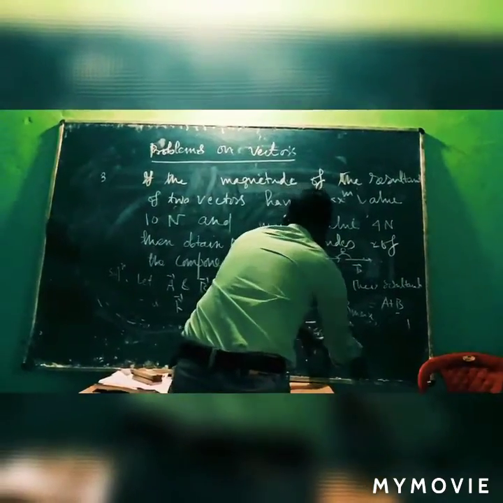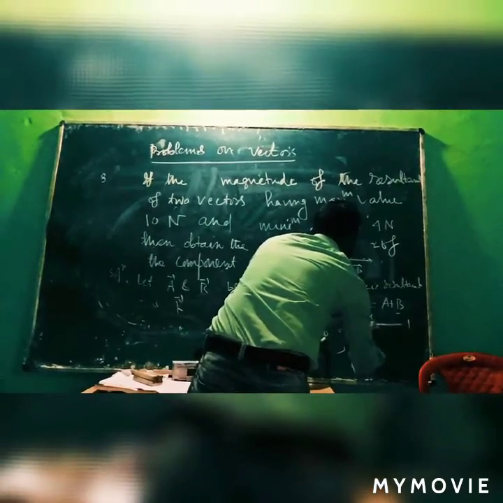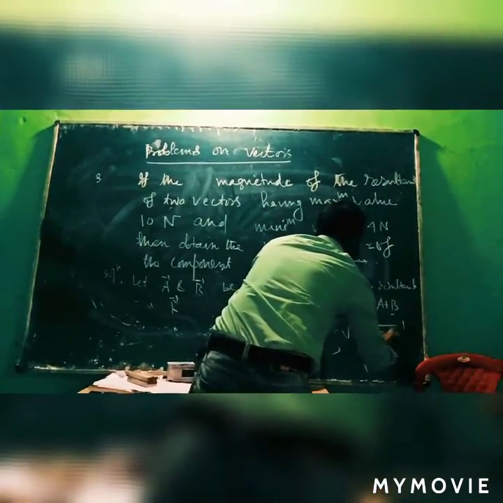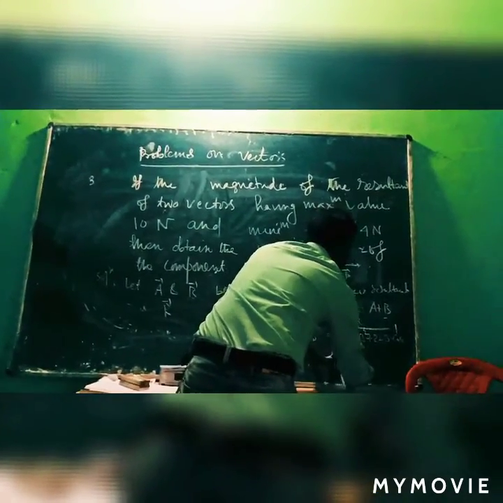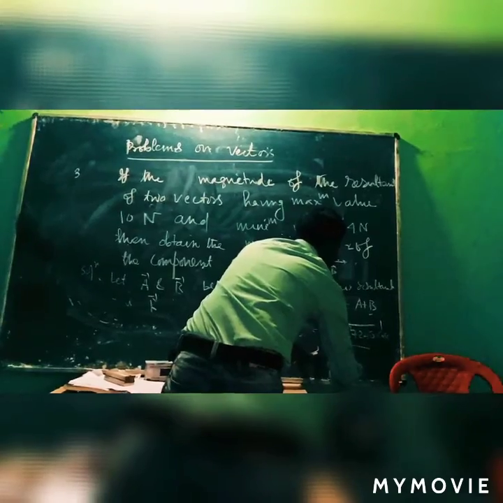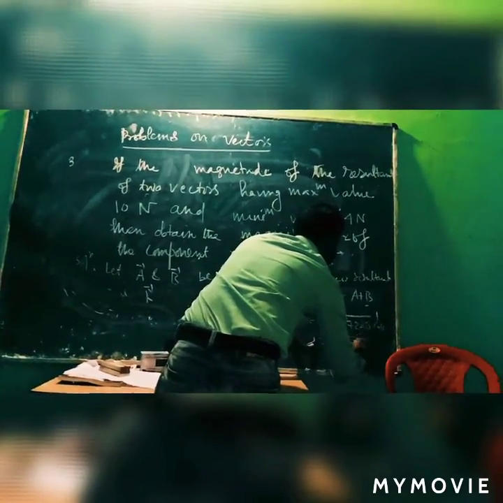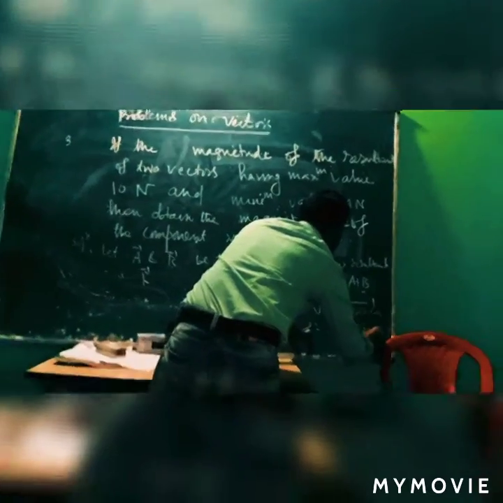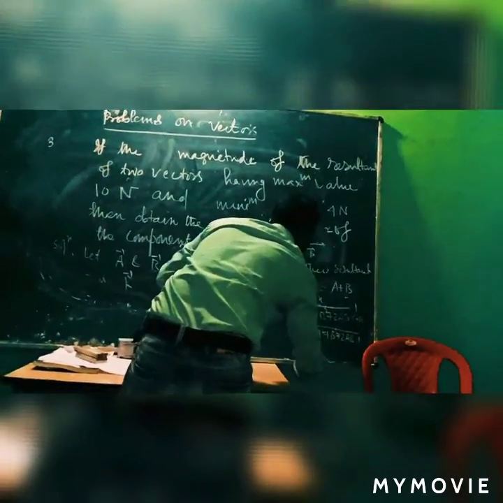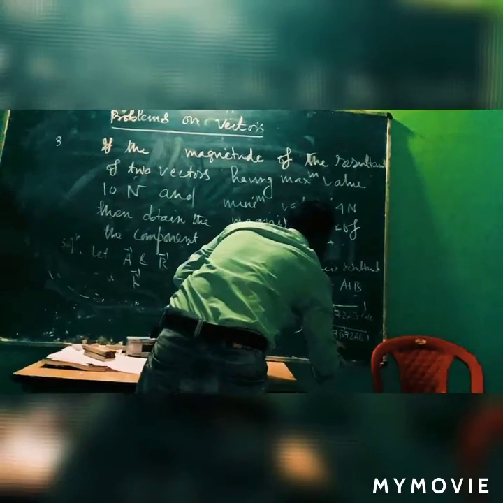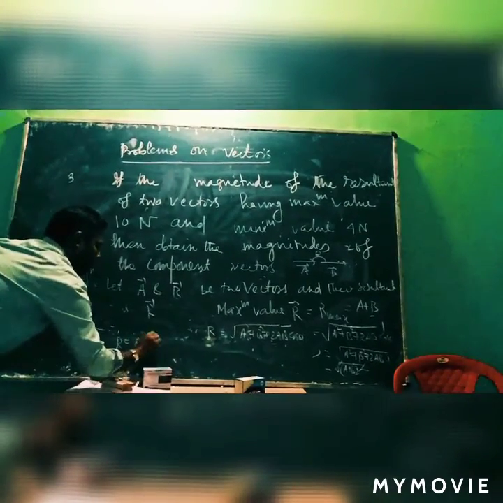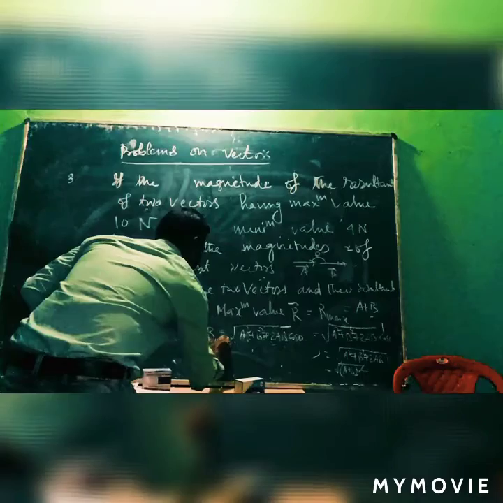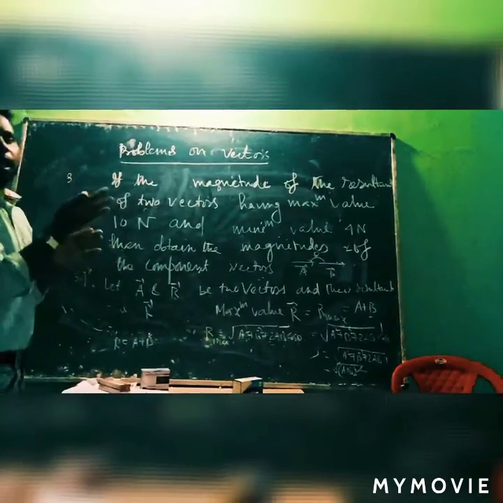So if you put 0 in place of theta, cos 0 equals 1. So you will get A square plus B square plus twice AB, that is finally A plus B whole square. So square and square root get cancelled. Finally R equals A plus B, and it is the maximum value of R.